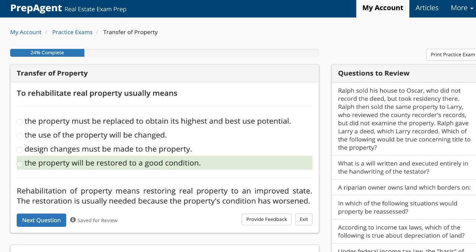Okay, here's a question for you guys. When a property depreciates, it can be due to economic obsolescence, functional obsolescence, or physical deterioration. Which one of those can be cured through rehabilitation?